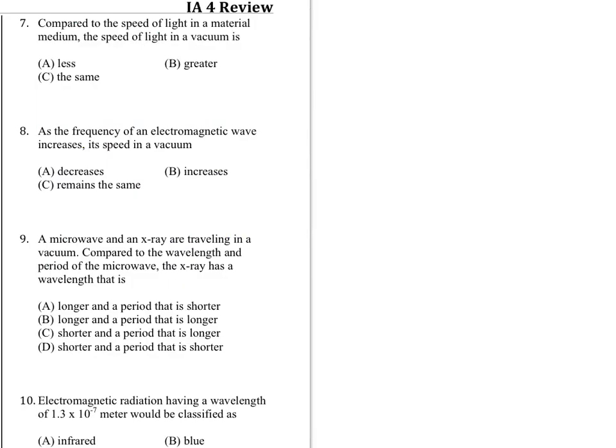Okay, compared to the speed of light in a material medium, the speed of light in a vacuum is, let's analyze this, vacuum. Vacuum is simply space, nothingness, just an empty void. Very sad, empty void.